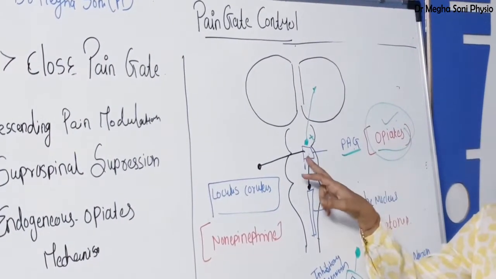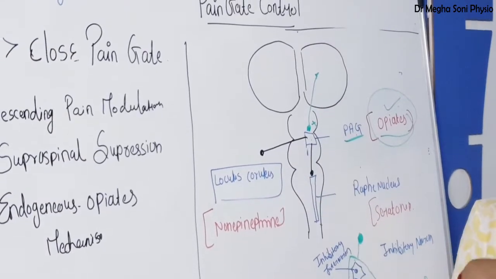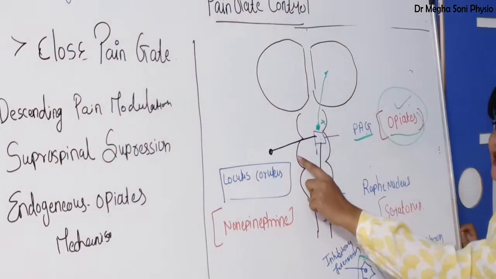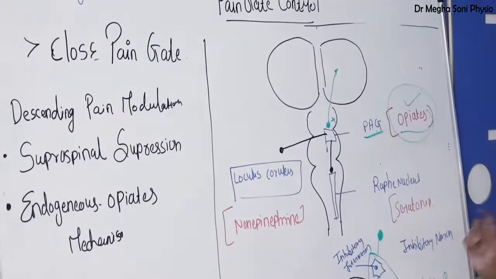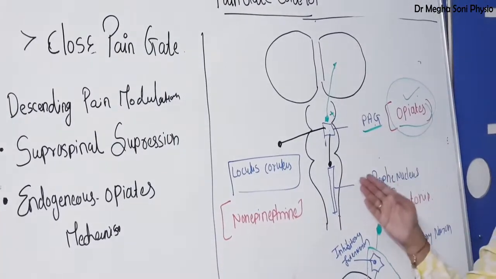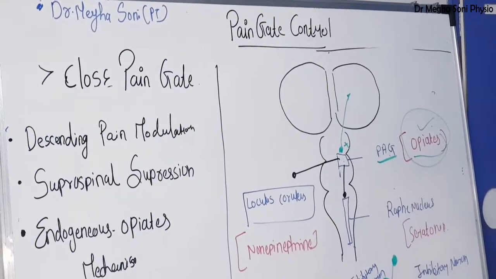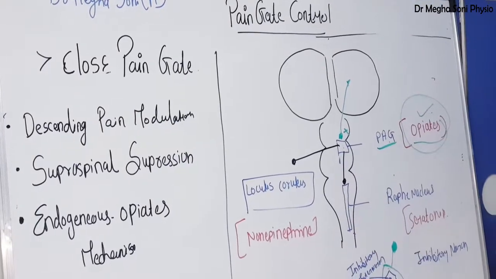Now this PAG projects fibers to two areas of the brainstem, one to raphe nucleus and second to locus coeruleus. This raphe nucleus is a nucleus of the reticular formation of pons and medulla oblongata.